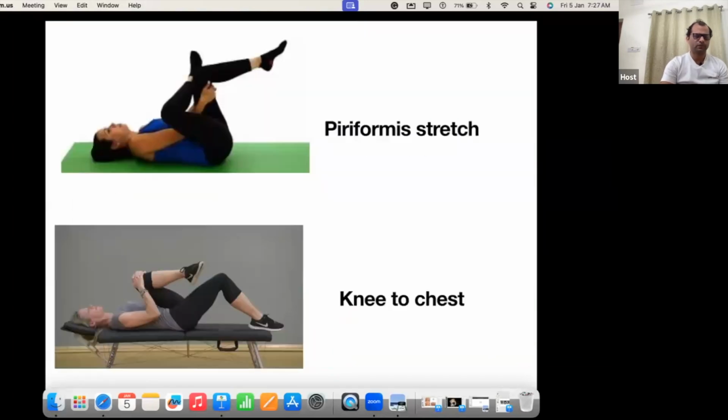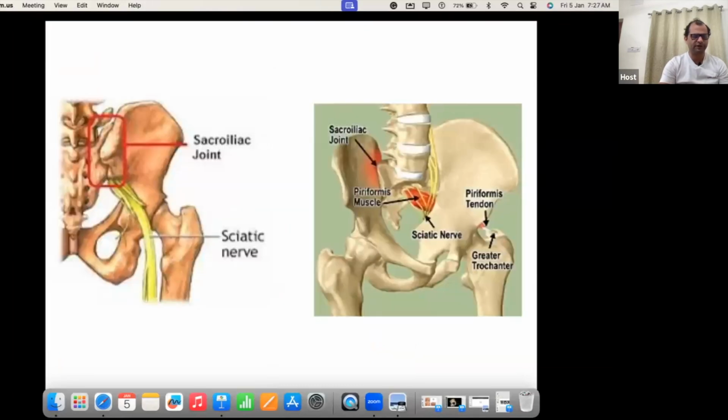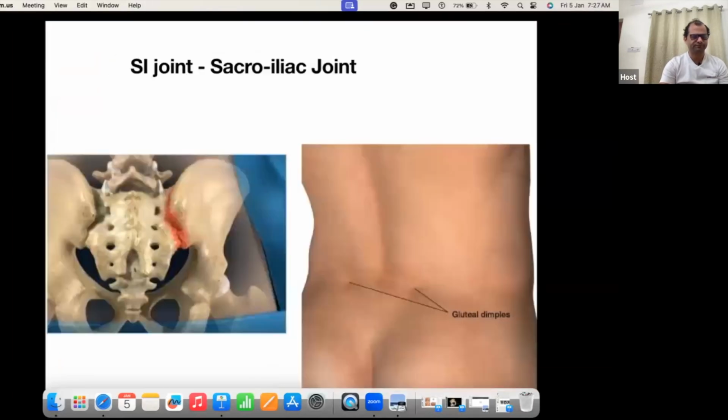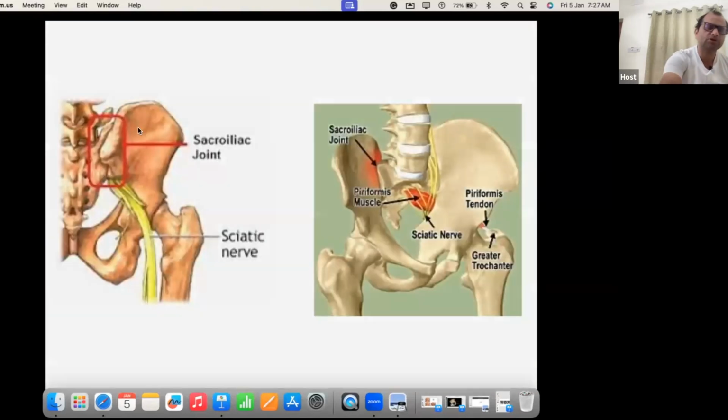So now our main focus is our piriformis muscle, right? हमारा मुख्य फोकस क्या है? Piriformis muscle. The piriformis muscle is the muscle located on the front side of the sacral bone.